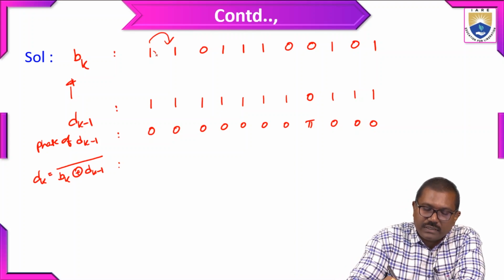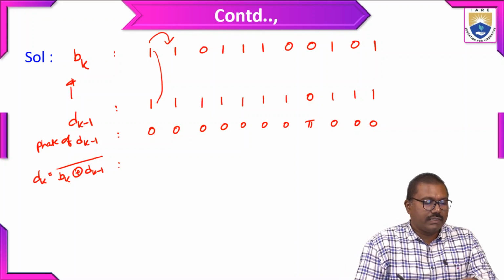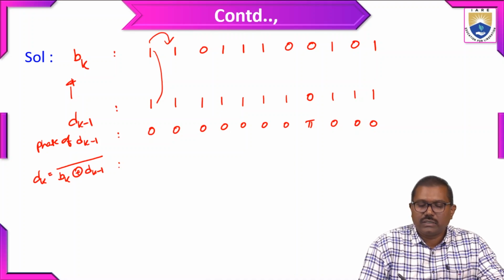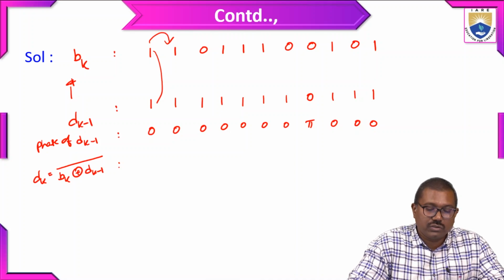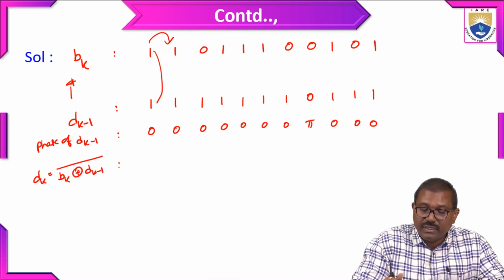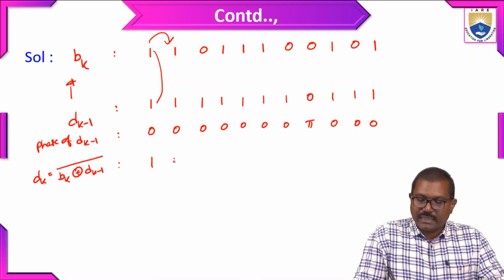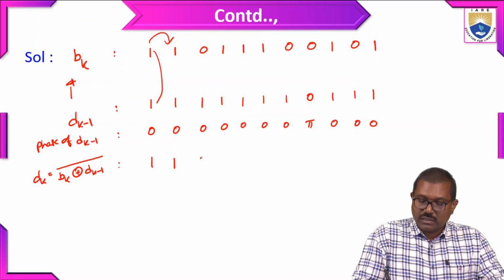So what did we get? 1 XOR 1 gives 0, but the complement is there, so it is 1. Again 1. Then 0 and 1 gives 1, but the complement is 0.